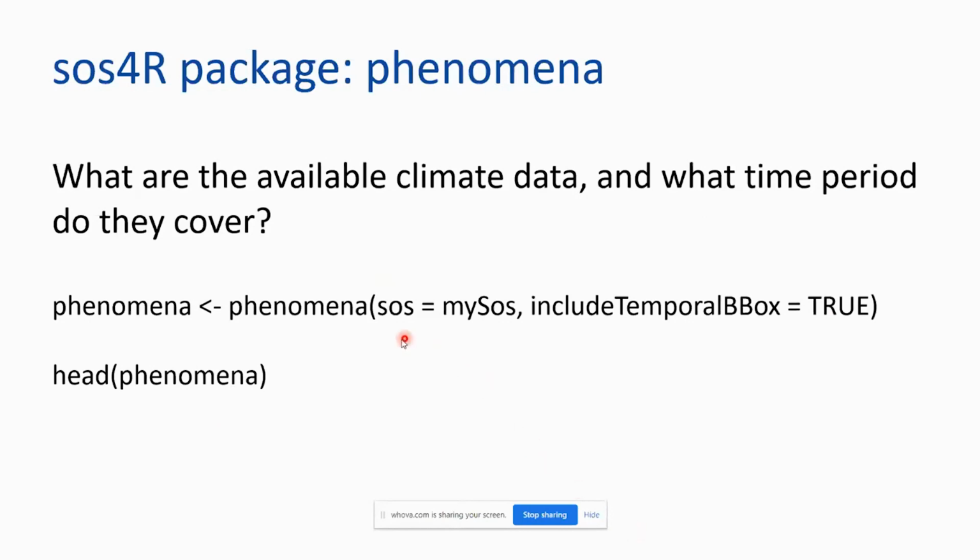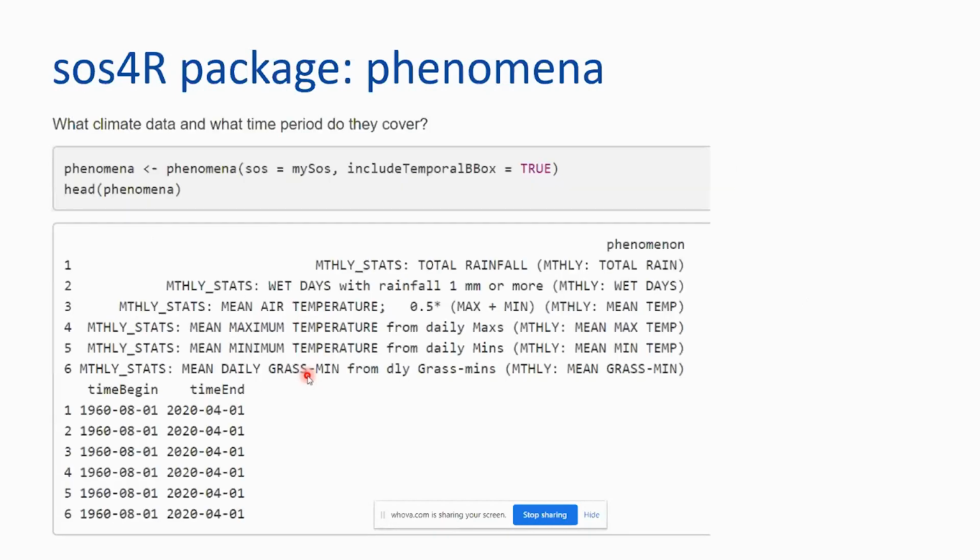Well, that's easy. Same function as before. We're trying to explore the data from here, what phenomena are there. We'll include something extra, which is a temporal bounding box, so you know when that data starts and when it ends. And we'll have a look at the data here.